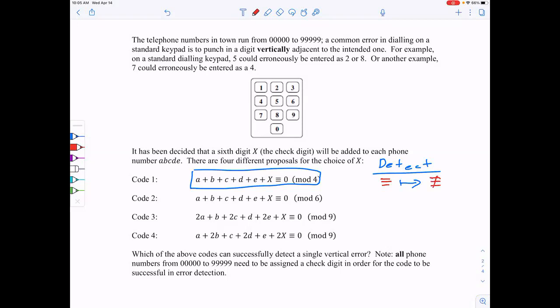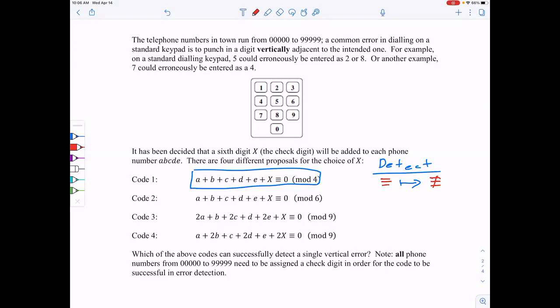That's when we would say we detect the error. It can only do a true or false thing. So if the congruence is true, and then all of a sudden it's false, then it says, hey, this phone number, no, I'm not going to let this through my system. So we would not detect if the congruence was still true, even though an error has occurred.